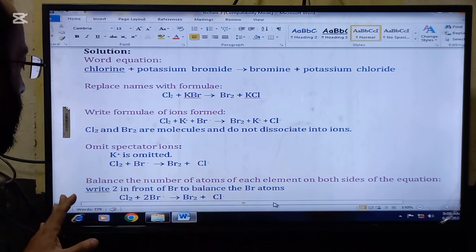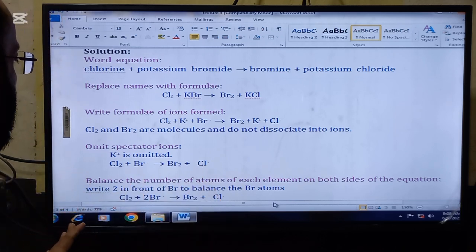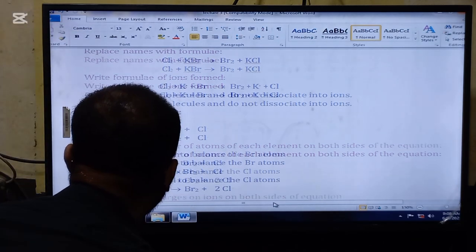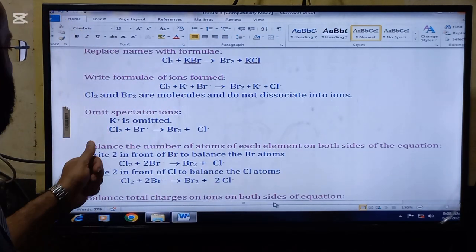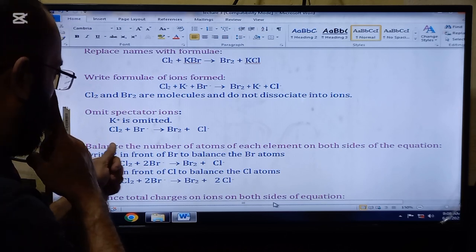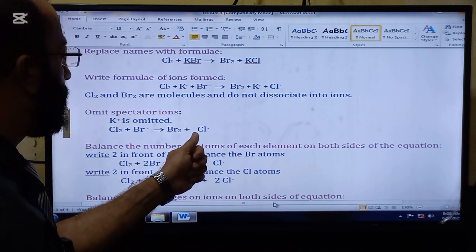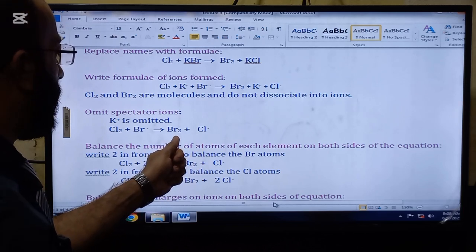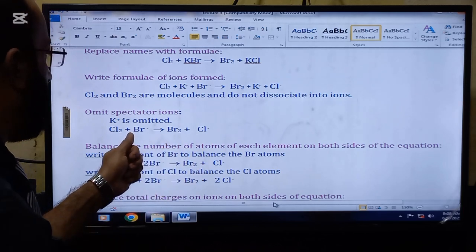So at this step, the next step which we will do is balancing the number of atoms of each element. So if you look on the left hand side, there are 2 chlorine atoms. On the right hand side, we have 1. So we will write 2 in front of Cl⁻ on the right side. And there are 2 Br atoms on the right hand side and 1 on the left hand side.